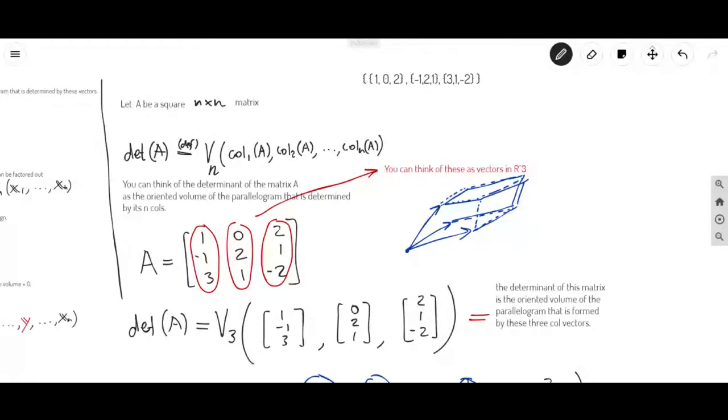Now, if you understand the ideas behind how this computation was done, there's a shortcut way of doing this. So let me just show it to you.